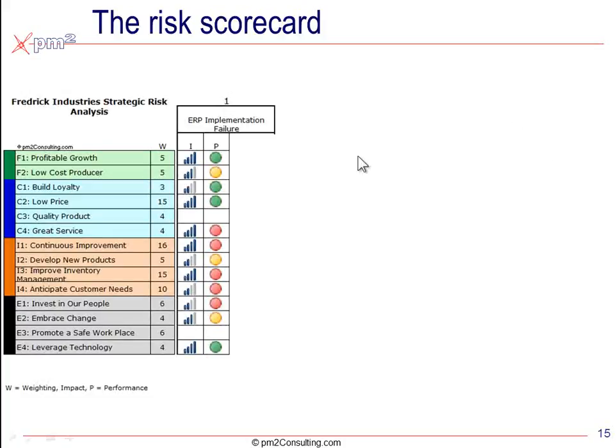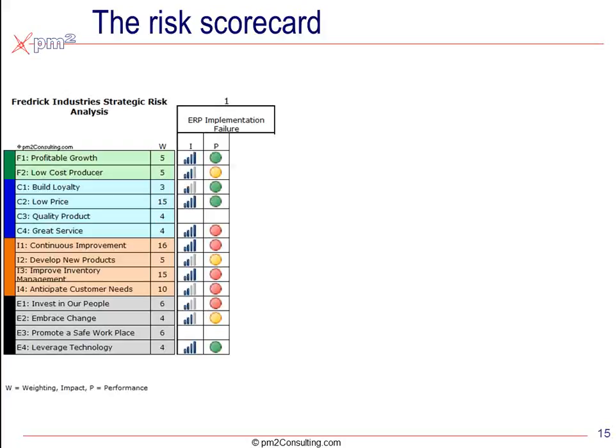Here we're going to use leading indicators, the leading indicators around our ERP implementation's potential failure against profitable growth and so forth. So, for example, if we take a look at improving inventory management, the leading indicator might be the number of phantom bills we've produced or the accuracy of the bills of materials on doing inventory pulls. So those are leading indicators on whether the MRP system is producing as required.